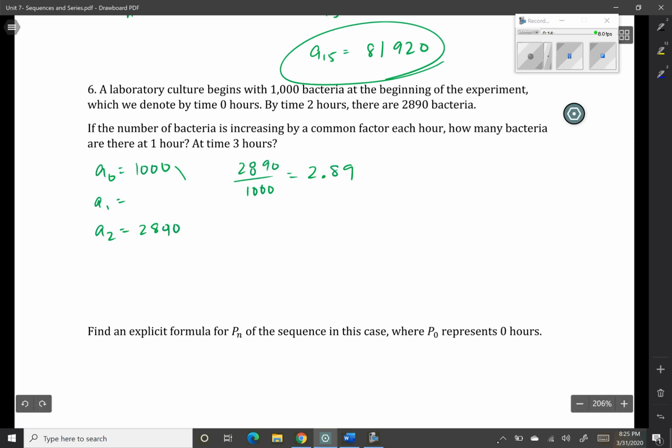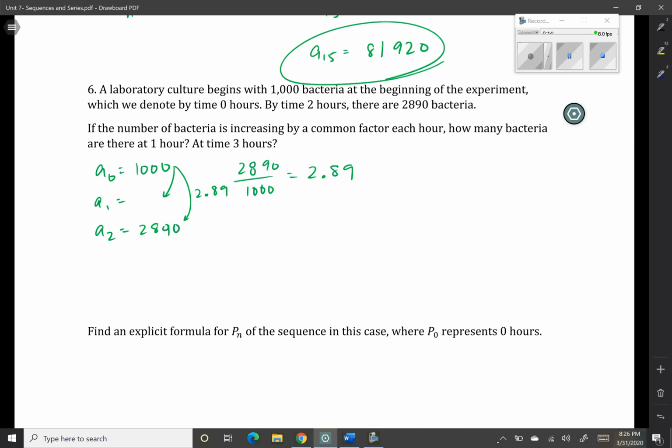Now that was what I multiplied to get from the first term to the third term in this case. I want to do some number multiplied by itself twice, right? So what do I multiply by itself twice to get 2.89?